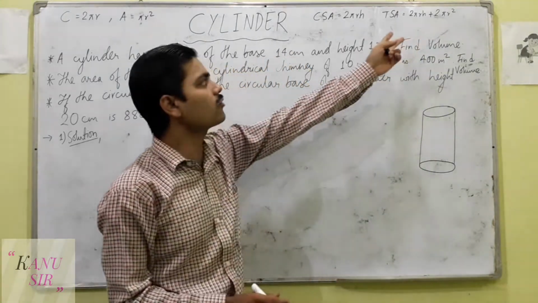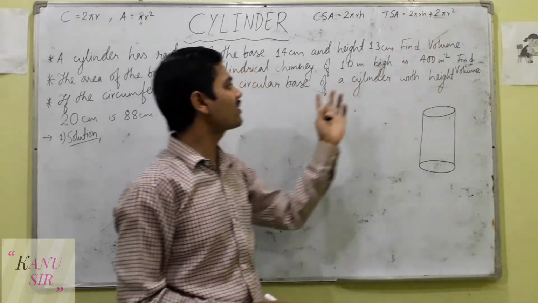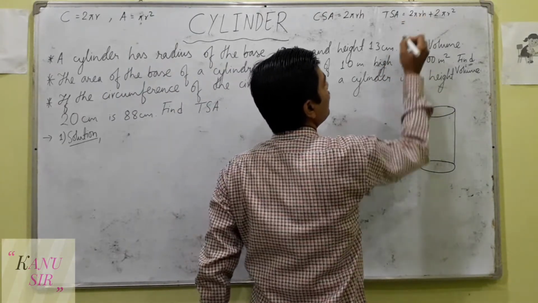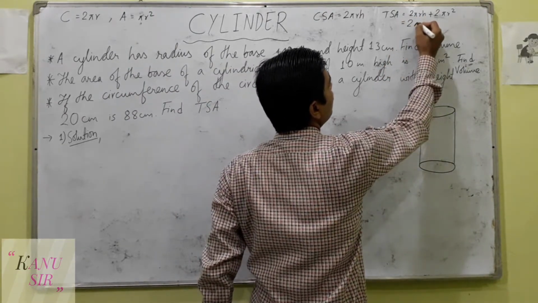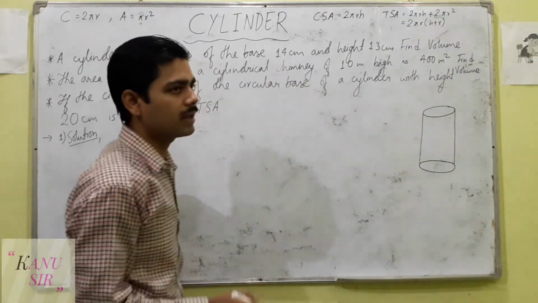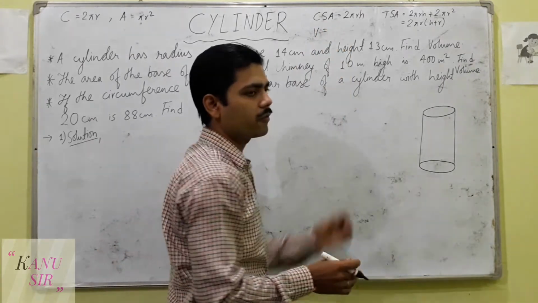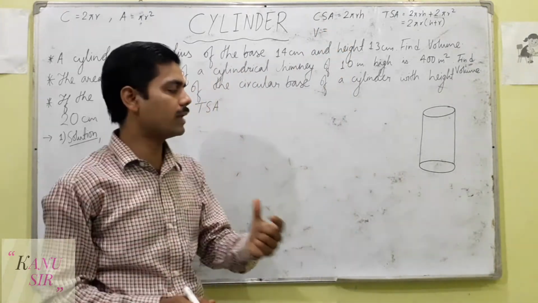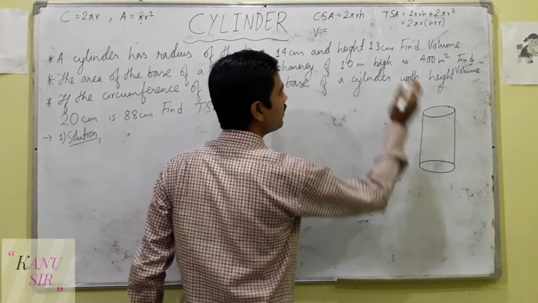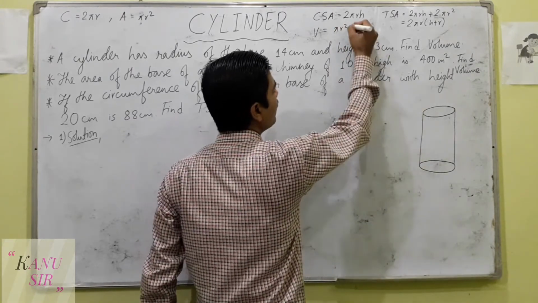I normally try to write the formula in a plus form so that it makes it simpler while solving the questions. Otherwise, you can change the formula a little bit, like 2 pi r times h plus r. After that, we studied the volume of a cylinder, and for the volume we must know the area of the base and the height of the cylinder. The area of the base is pi r square and the height of the cylinder is h.